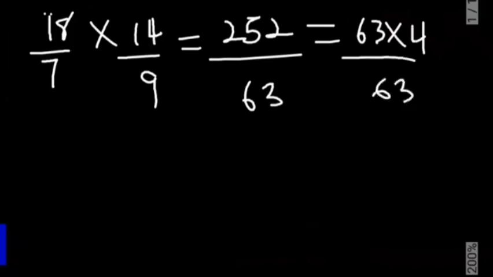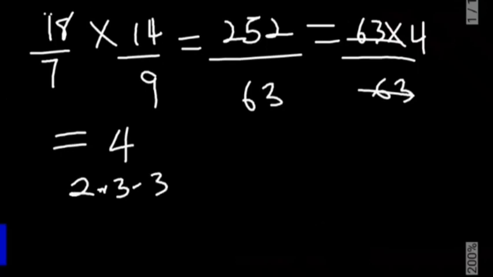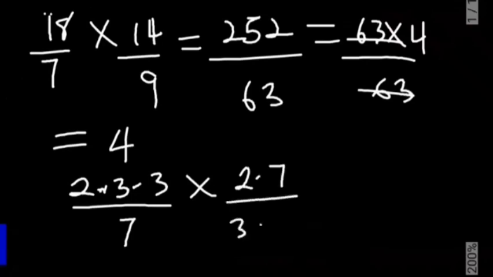63 multiplied by 4 is 252. You can confirm that. So 63 cancels 63. So we have 4. Or we can do this in this way. We can just express 18 in this form. 18 is 2 times 3 times 3 over 7 multiplied by 2 times 7 over 3 times 3.